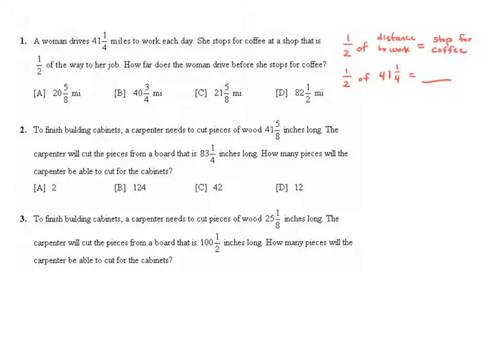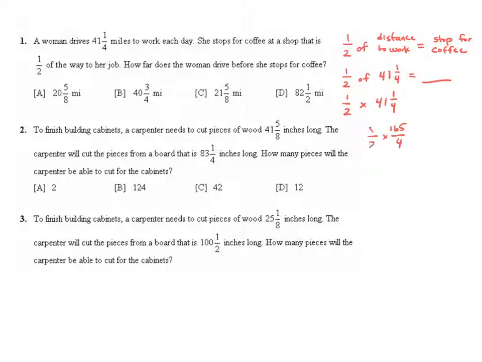To find half of 41 1/4, I'm going to multiply. So this is going to be 1/2 times 41 1/4. Or I could have done 41 1/4 divided by 2. That's equivalent. To do my multiplication here, I'm going to change 41 1/4 to an improper fraction. 41 groups of 4 is 164, plus one more is 165 fourths.